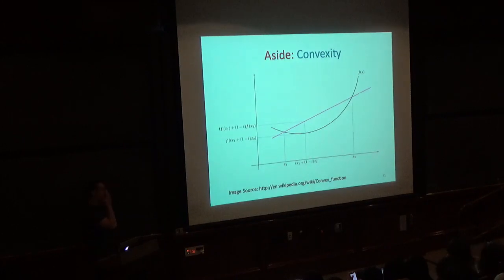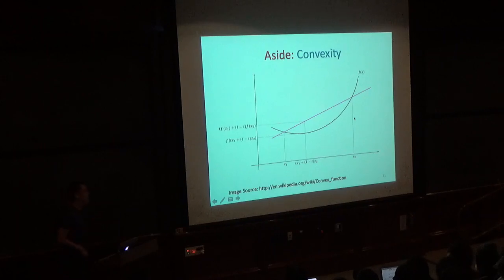Okay, so let's talk about convexity. I'm gathering that many of you already know about the concept of convexity, but in case you don't, I just want to touch on it. A function is convex if you take any 2 points of that function and you interpolate between them linearly, that interpolation sits above the original function. So what that means is I take these 2 points, right here and right here, and I do a linear interpolation between them, and that linear interpolation sits above the actual function.